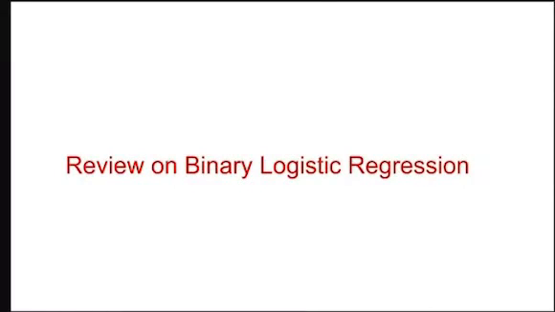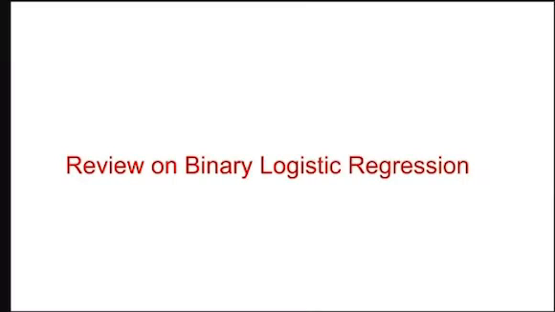Now, I want to have a review on binary logistic regression. The word binary means there are two possible outcomes. It means the levels of the response are just two, either this or that. That's what we call binary. And don't forget, in binary logistic, we can have a simple binary logistic, and we can have a multiple binary logistic.